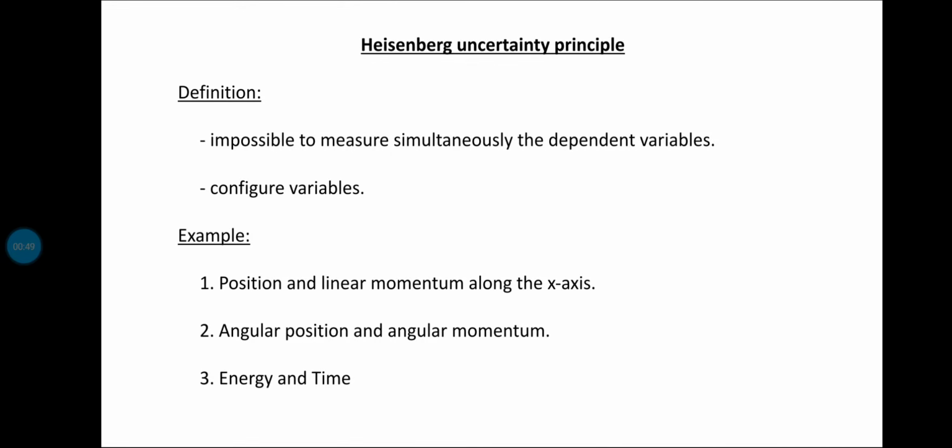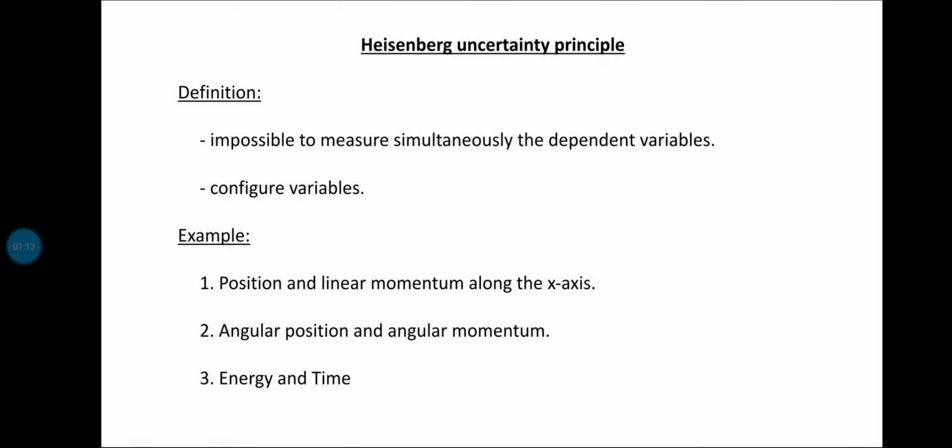Okay, let us see the definition. What is Heisenberg uncertainty principle? It is impossible to measure simultaneously the dependent variables.